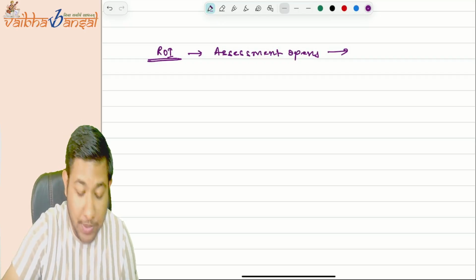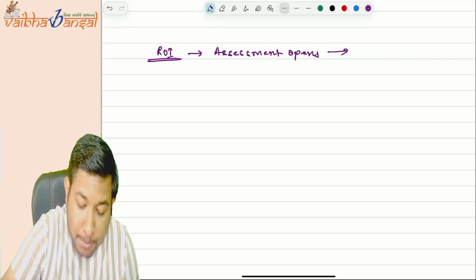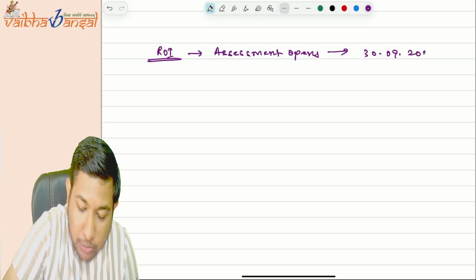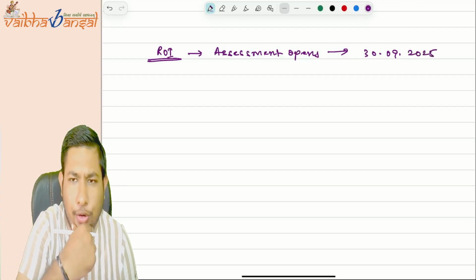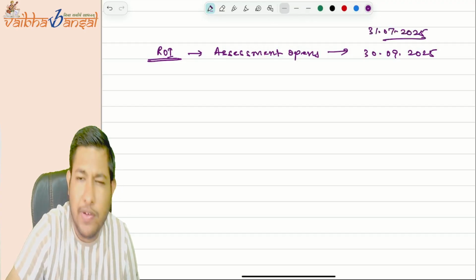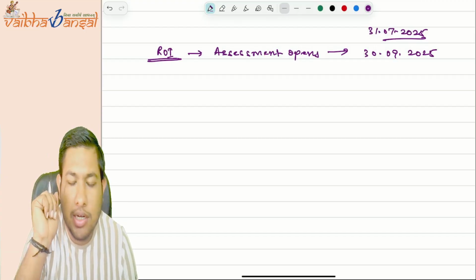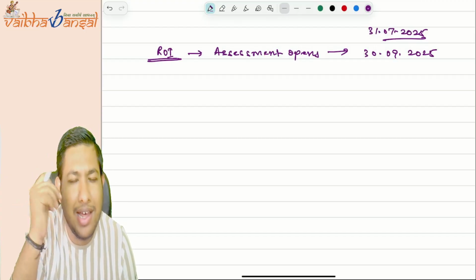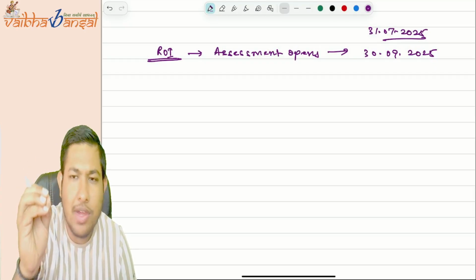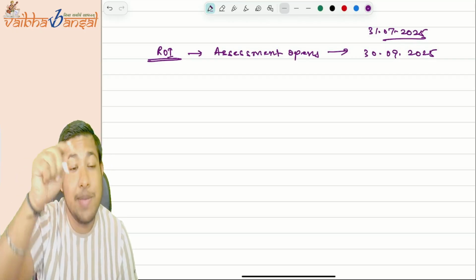Yes, the assessment opens. Suppose the assessment opens on 30th of September 2025. You filed the return on 31st of July 2025, suppose it is a non-audit case. It can open, yes. What is the maximum time?